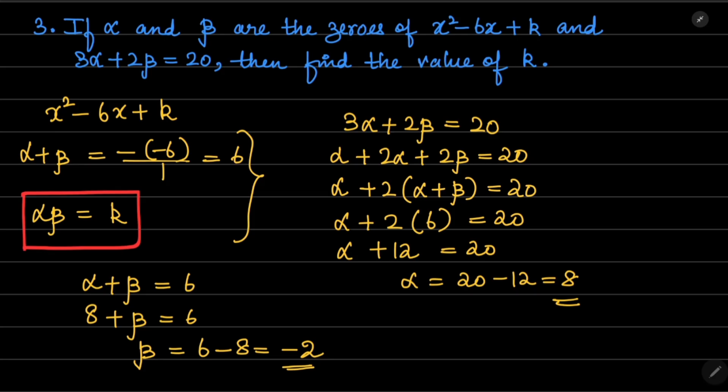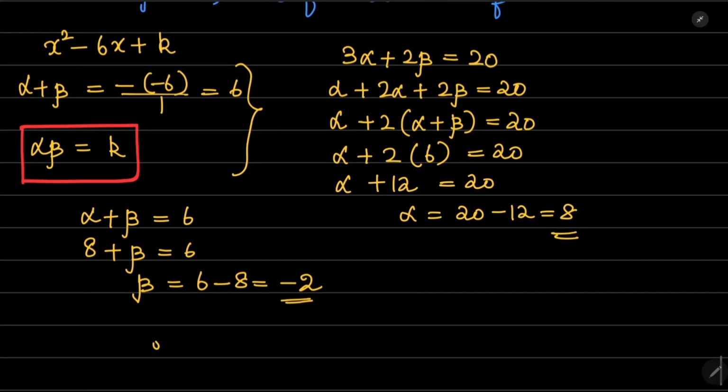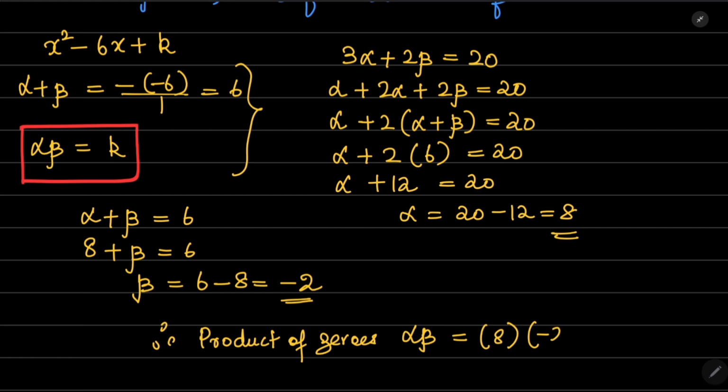So therefore, write down, the product of the zeros alpha beta is equal to, alpha is 8, beta is minus 2. It's equal to minus 16, which is nothing but your k value. Okay. Therefore, k is equal to minus 16.